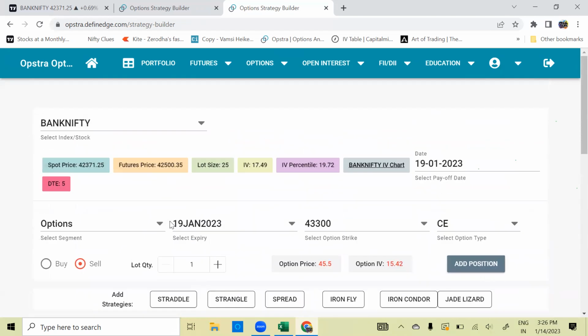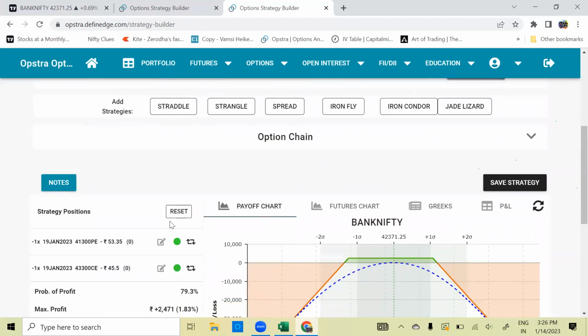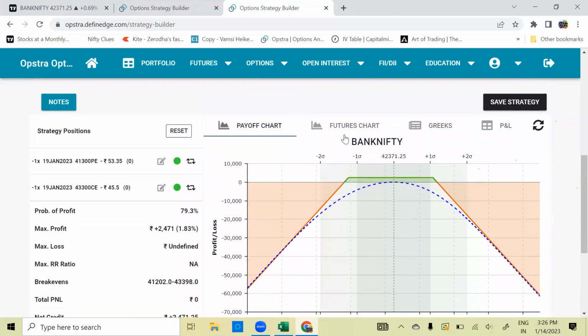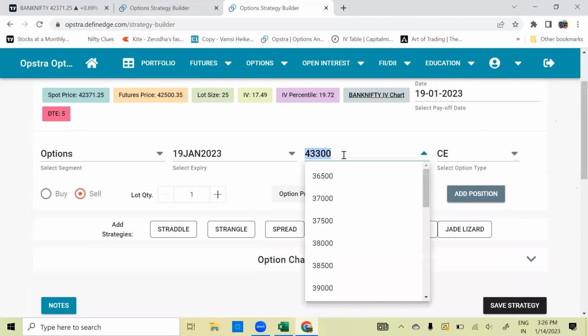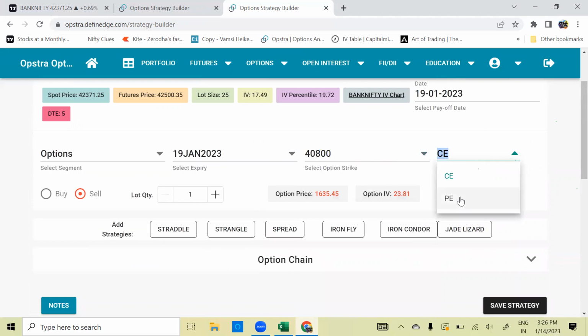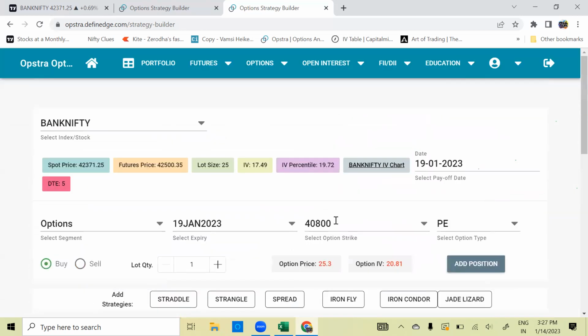So let's see, for iron condor I will do 500 points away: the 40,800 put and the 43,600 call.